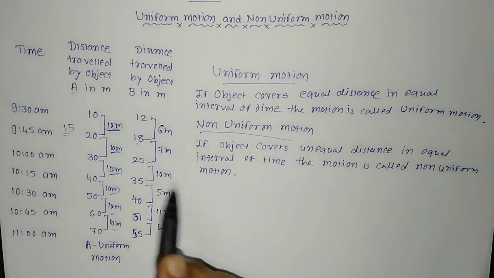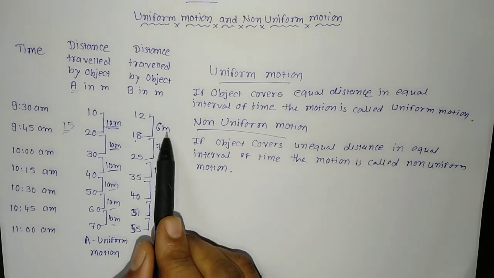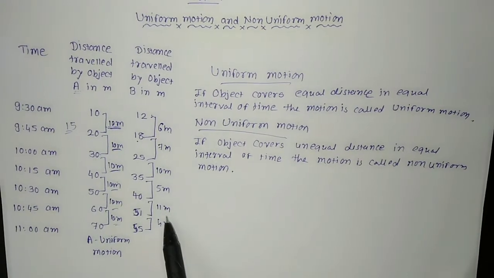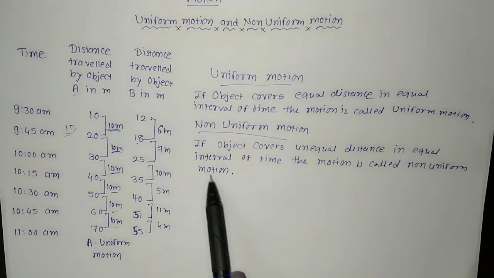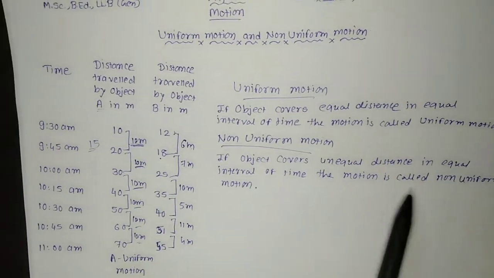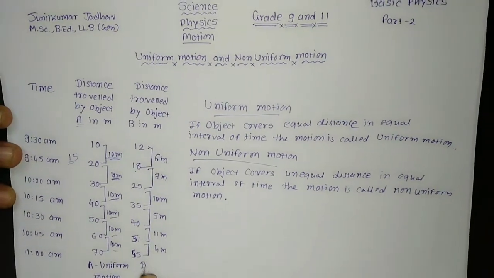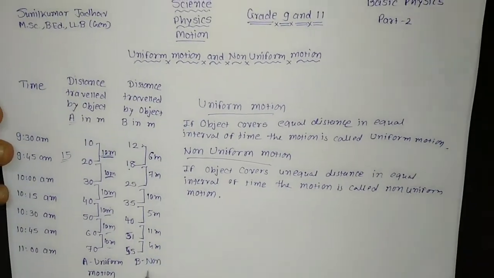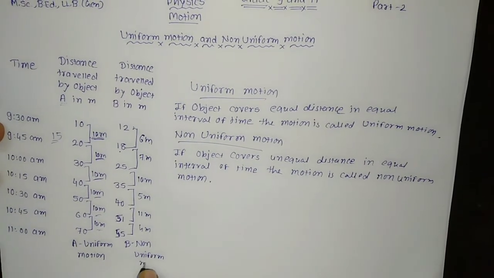You can see the object has traveled unequal distances: 6 meter, 7 meter, 10 meter, 5 meter, 11 meter, 4 meter. So it is unequal distance in equal intervals of time. The motion is called non-uniform motion, so object B is moving with non-uniform motion.